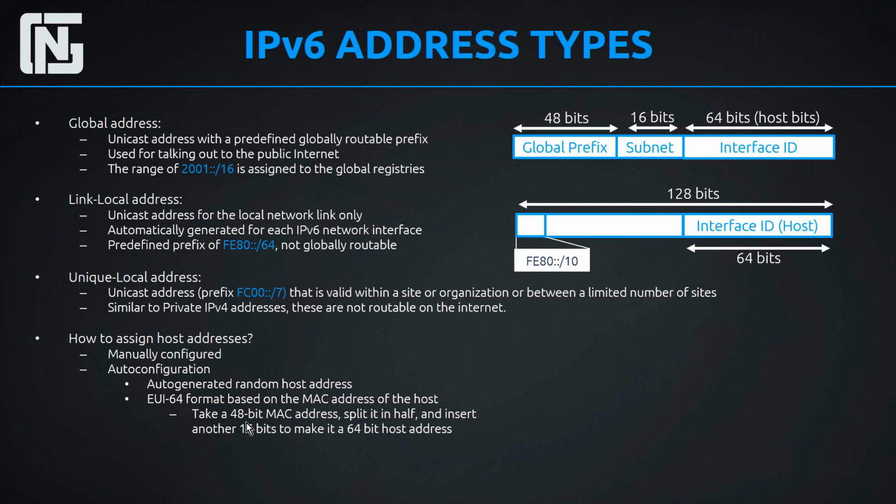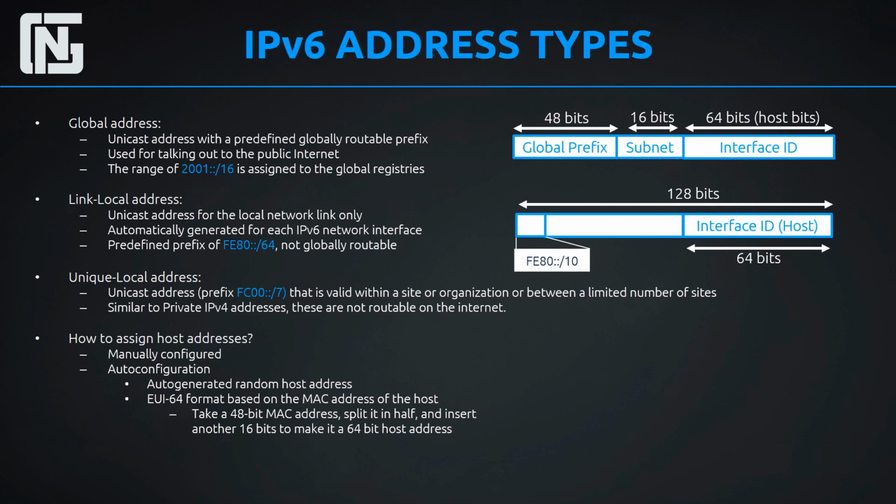So it literally takes the 48 bits, splits it into two 24-bit chunks, and then shoves a 16-bit chunk in between it, in the middle, which makes it a 64-bit host address. Make sense? 48 plus 16 equals 64. So then it takes that entire space up of the host field. That is EUI-64. So those are the two ways that our host portion of our address can be automatically configured.